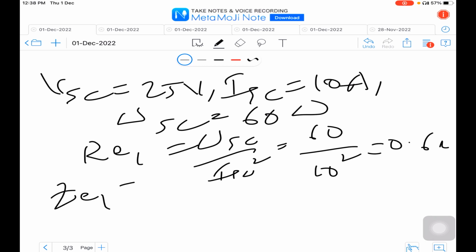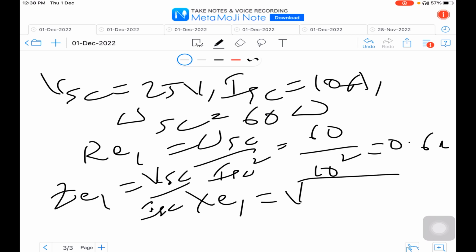Similarly, we can also find out ZE1 and XE1. We know that ZE1 is equal to VSC by ISC, which is 2.5 ohms, and XE1 is the square root of ZE1 square minus RE1 square.